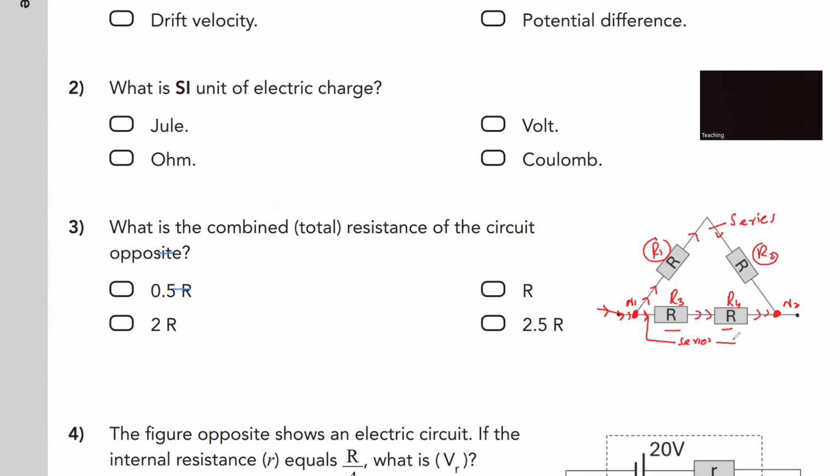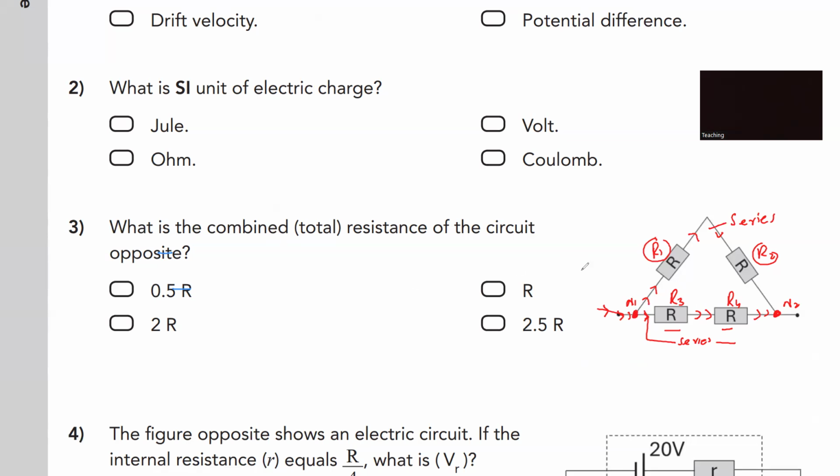But the R1-R2 branch and the R3-R4 branch are connected in parallel because the current is divided. So how can we find the equivalent resistance?